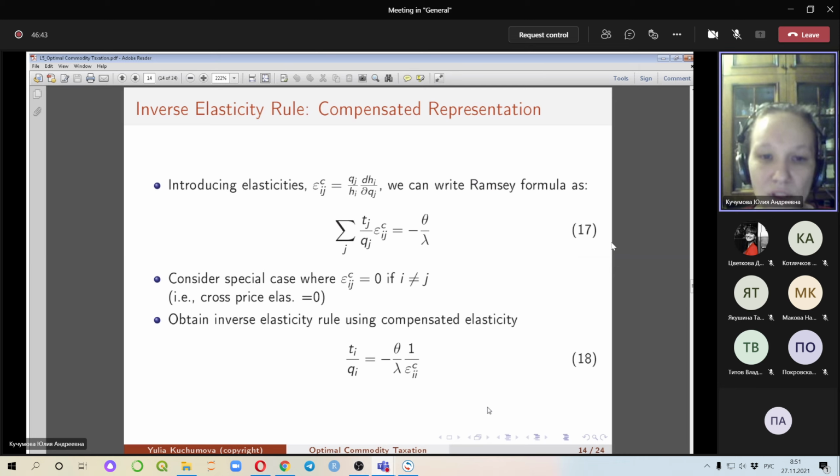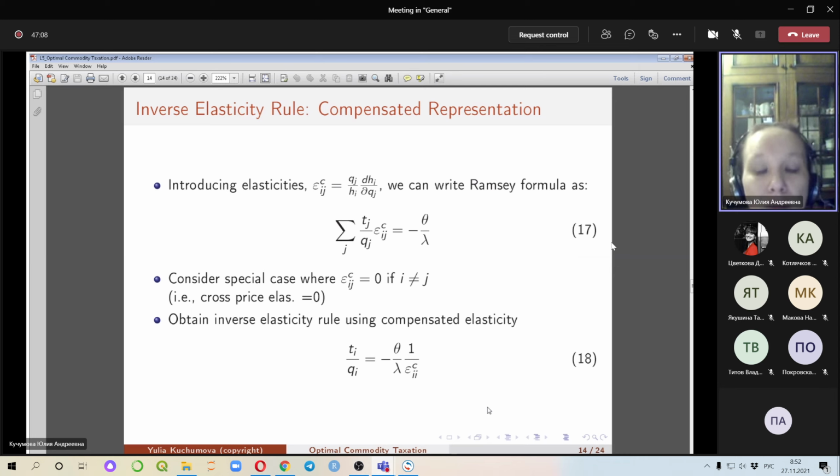Again, the simplest case in this situation will be to consider a case where there are no cross price effects, all cross price elasticities are equal to zero, specifically compensated elasticity epsilon Ig equal to zero.